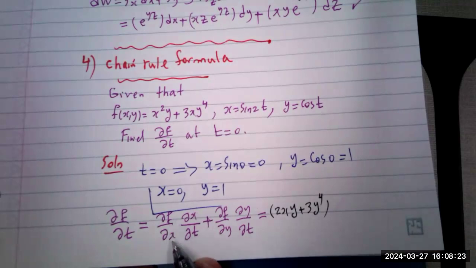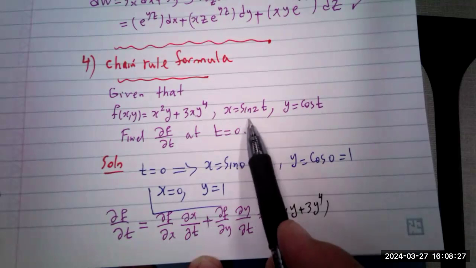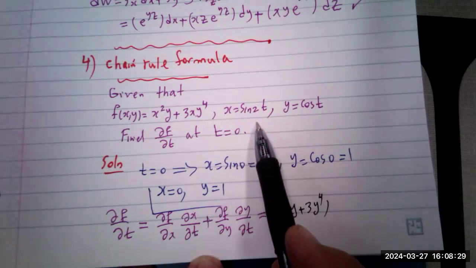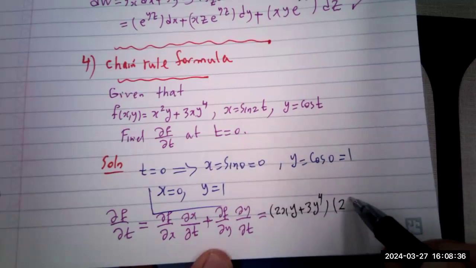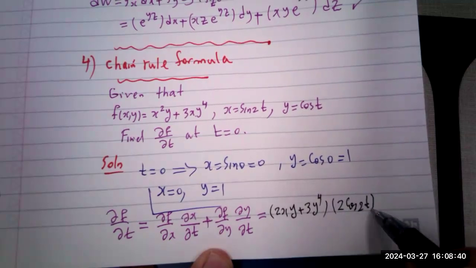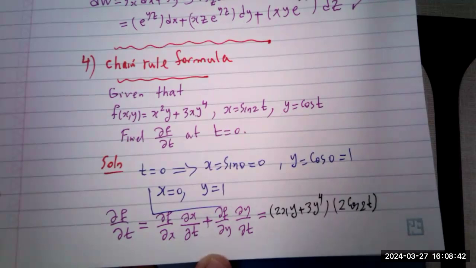That is ∂f/∂x times ∂x/∂t. You have sine of 2t, but you have to multiply by u prime, which is 2. So it's going to be 2 cosine of 2t. That is the first one.